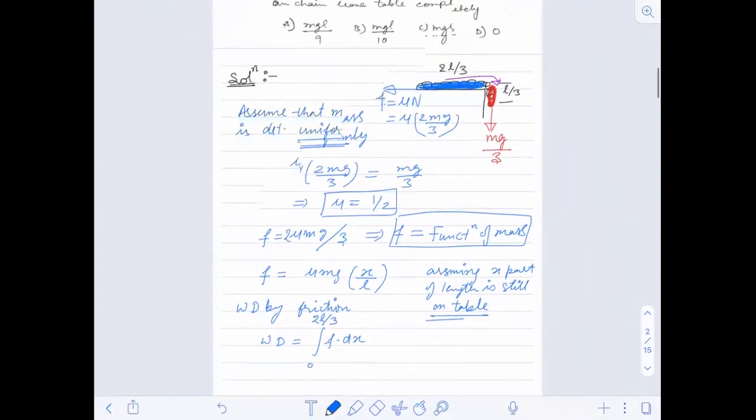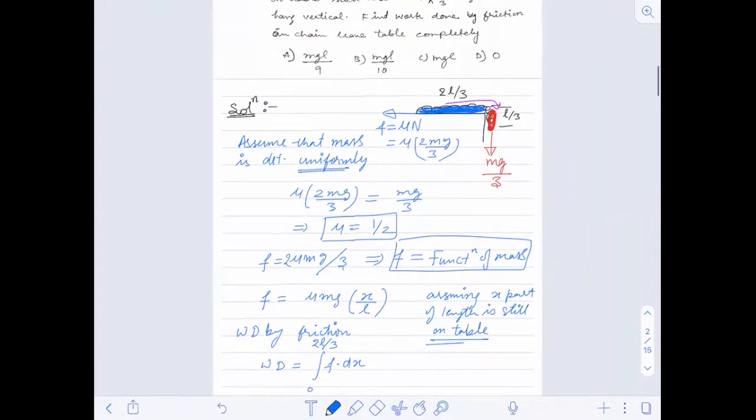Now you people have to integrate it and tell me the result. Yes, anyone who has got the result?